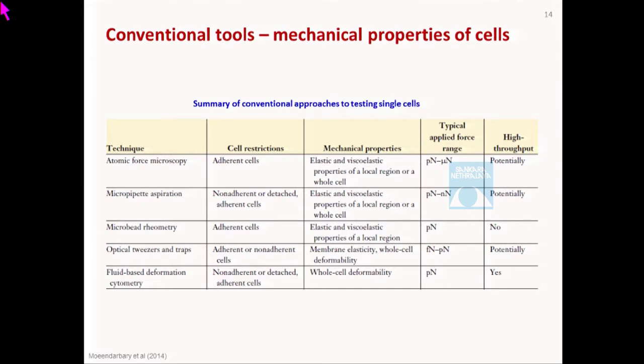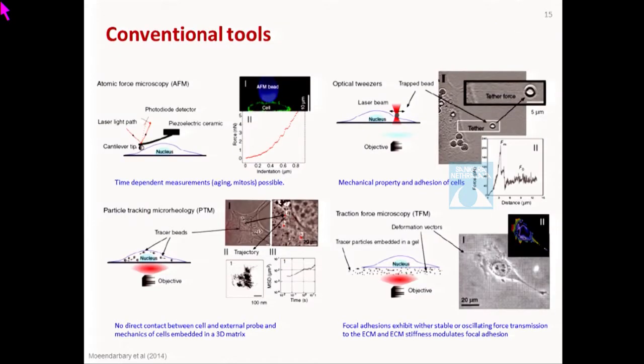In microbead rheometry, and we will look at each of these techniques, the force is of the order of piconewton. And for optical tweezers, where you use a light beam to stretch a cell, like I was showing for malaria-infected cells, the force is from femtonewton to piconewton. And for fluid-based deformation, the force is of the order of piconewton.